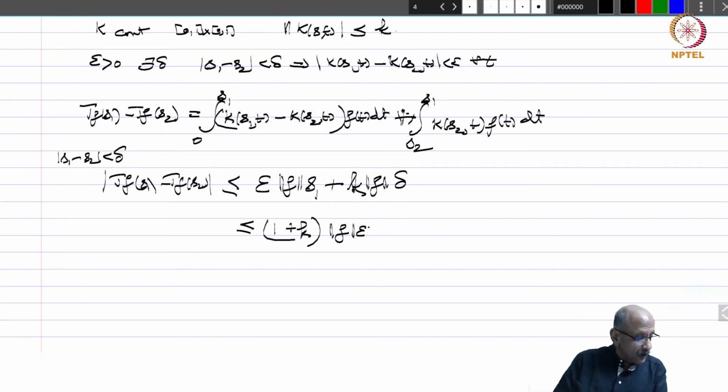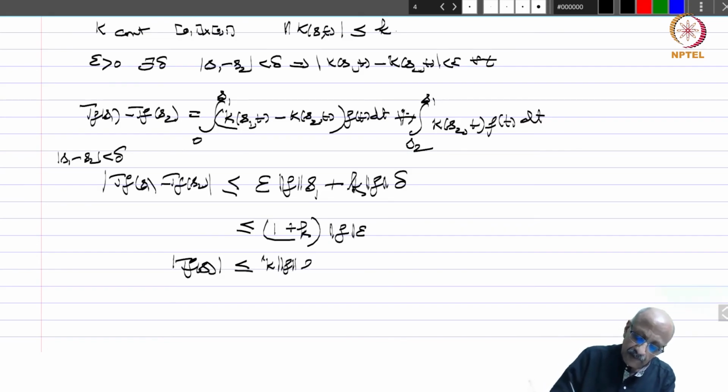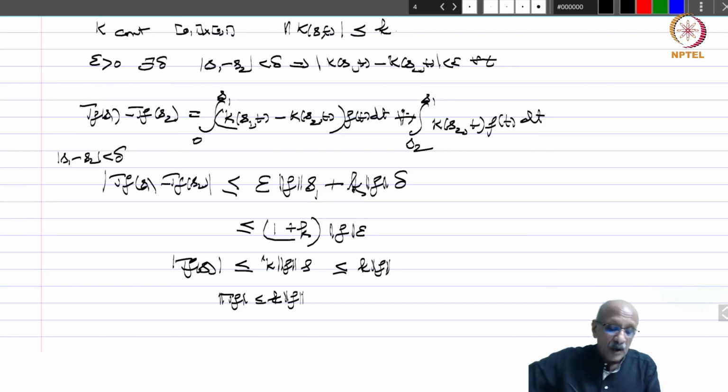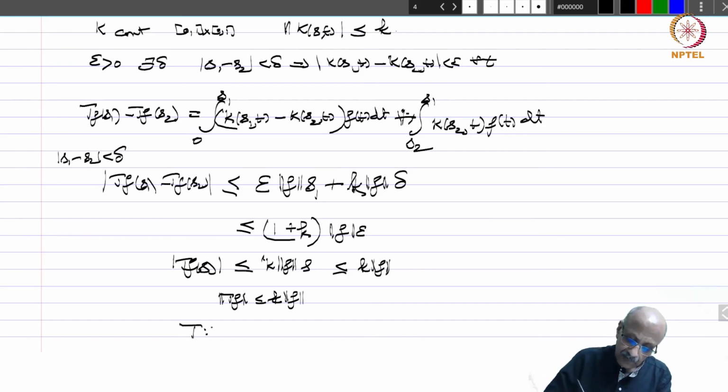And also you have that mod Tf(S) is less than or equal to k times norm f times S, which is less than or equal to k times norm f. If you take the maximum over S, you get that norm Tf is less than or equal to k times norm f. Therefore this tells you that this operator or mapping which we define, T from V to V, is continuous and linear.